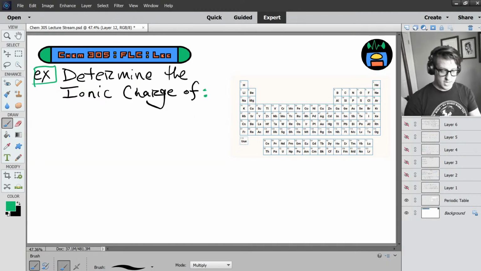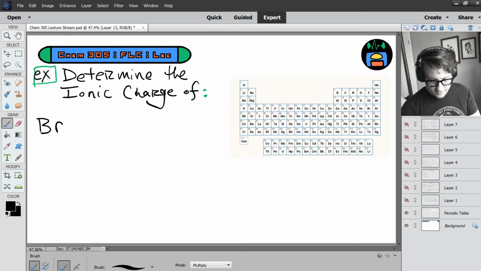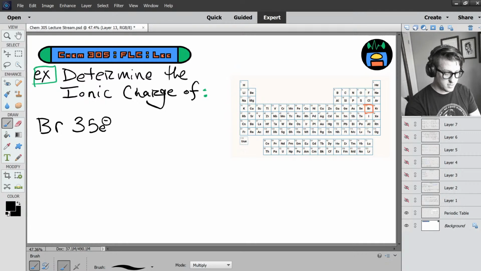All right? Let's do the same problem, different element. New slide. Let's look at bromine. Now bromine, let's find this guy. Number 35. Bromine has 35 electrons. It wants to be Superman's home planet of Krypton, 36.